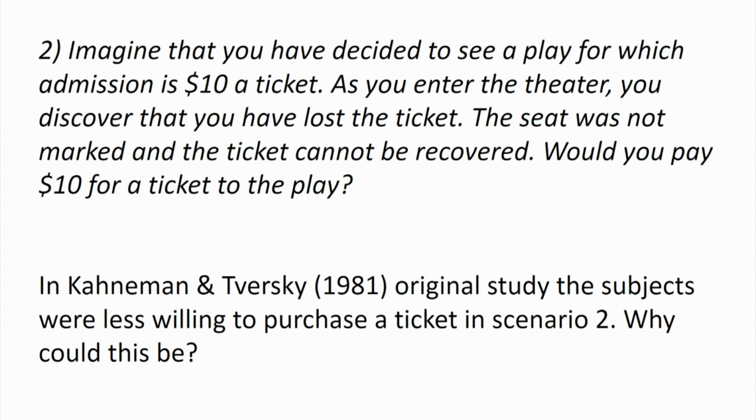Given these choices, it has been found that in choice 2 people are more reluctant and do not want to buy a new ticket. The reason is that they believe the $10 has already been assigned to the ticket, so if the ticket is lost, there is no point in buying another, because the $10 from the psychological money account that was assigned to the ticket has been lost.